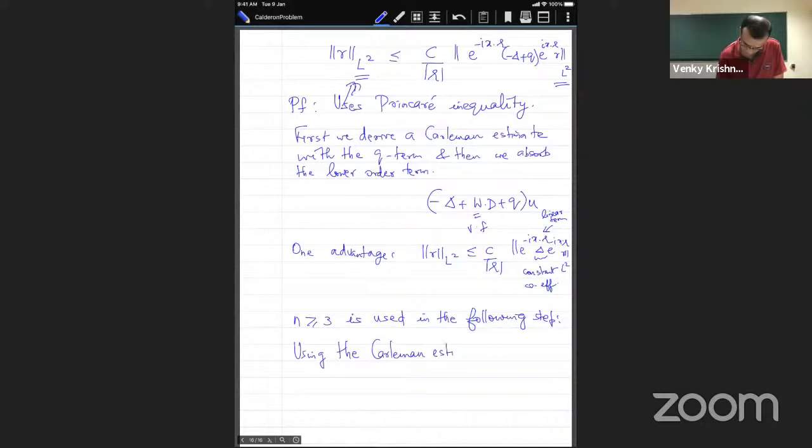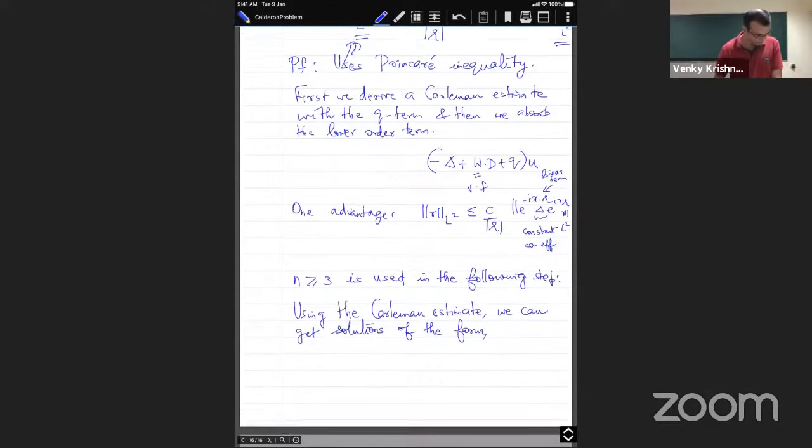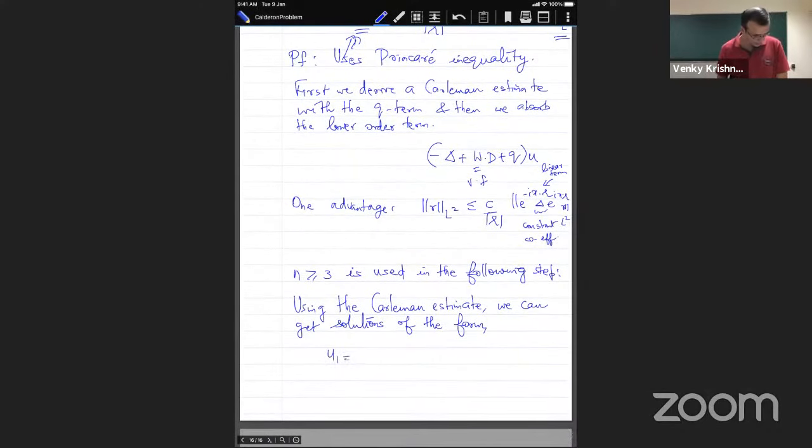Using the Carleman estimate, we can get solutions of the form U1, which is e to the I x dot zeta times, I didn't mention this, but you can also get something of the following form, plus R1, and U2 is e to the minus I x dot zeta times 1 plus R2. So you can also absorb this e to the I x dot c into this, it doesn't matter.